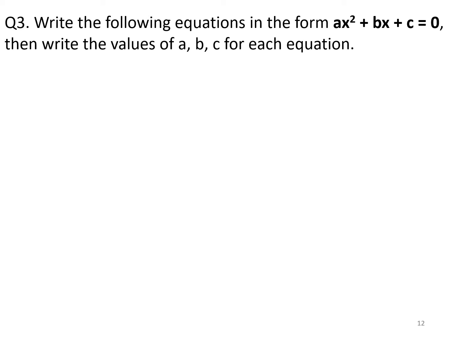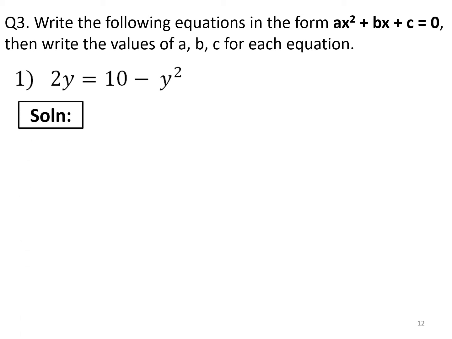Question number 3. Write the following equation in the form of ax square plus bx plus c is equal to 0, and then write the values of a, b, c for each equation. First one, 2y is equal to 10 minus y square.